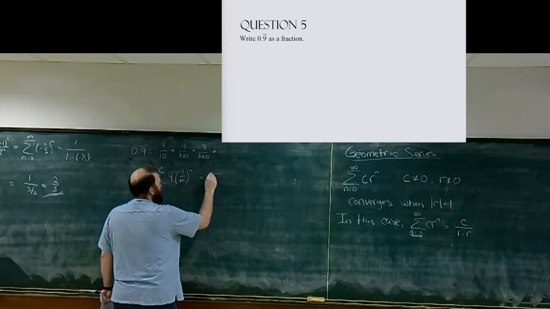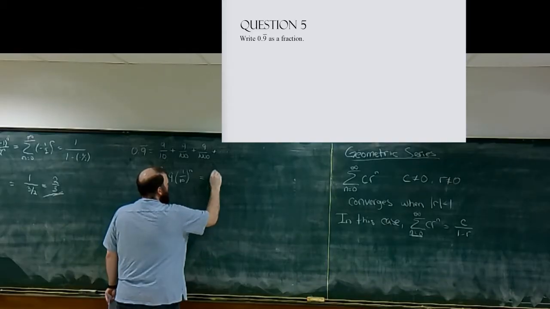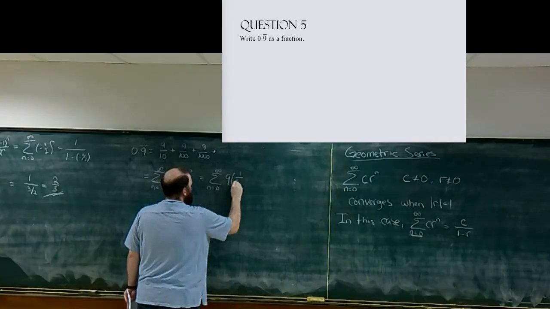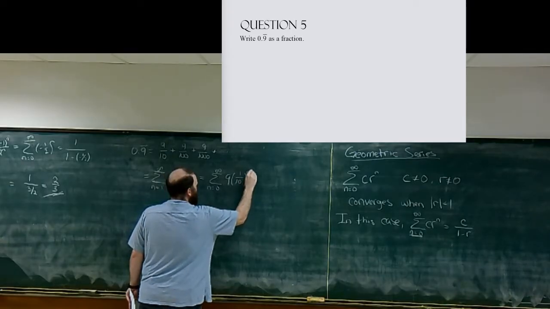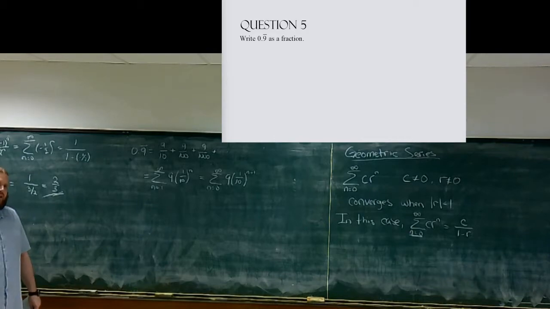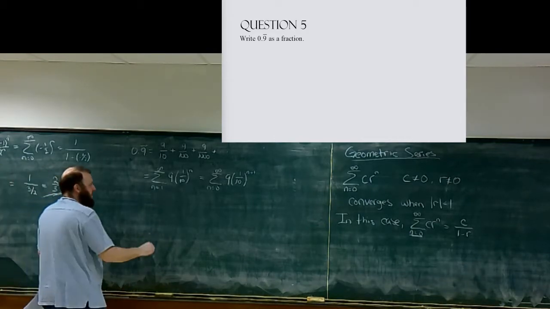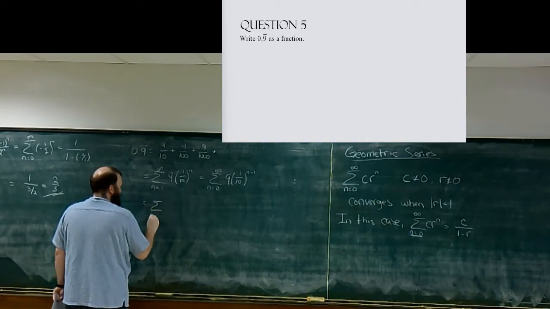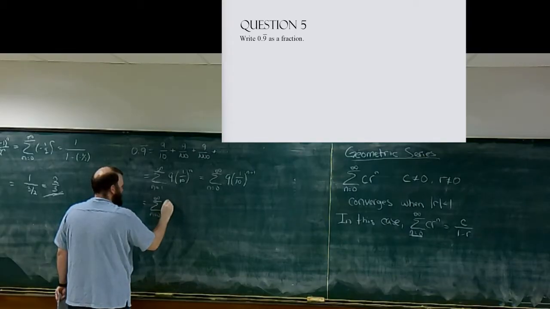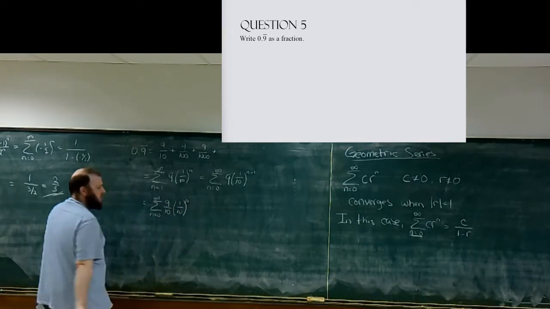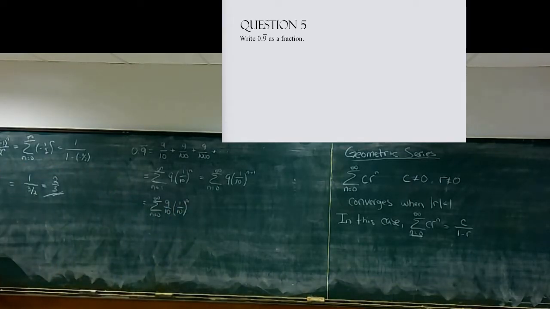It needs to start at 0. I have to add 1 to n, because I'm shifting it down to n equals 0, which means I'm getting an extra 10th out of that.